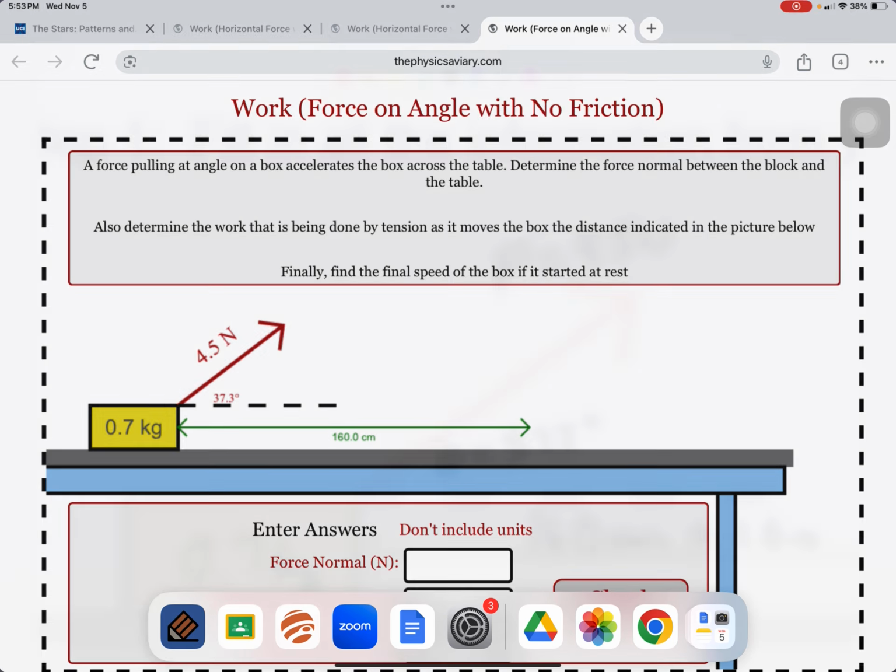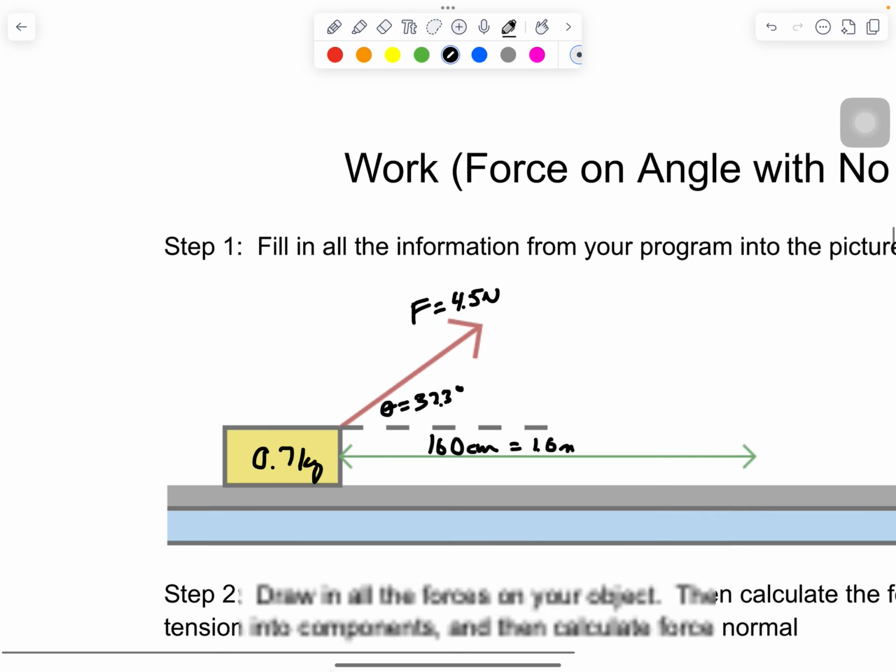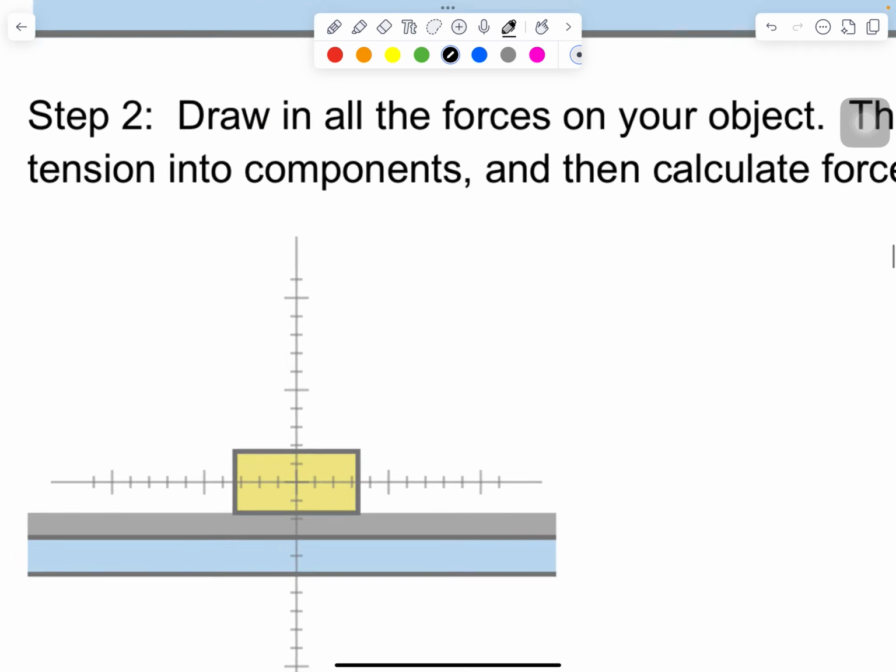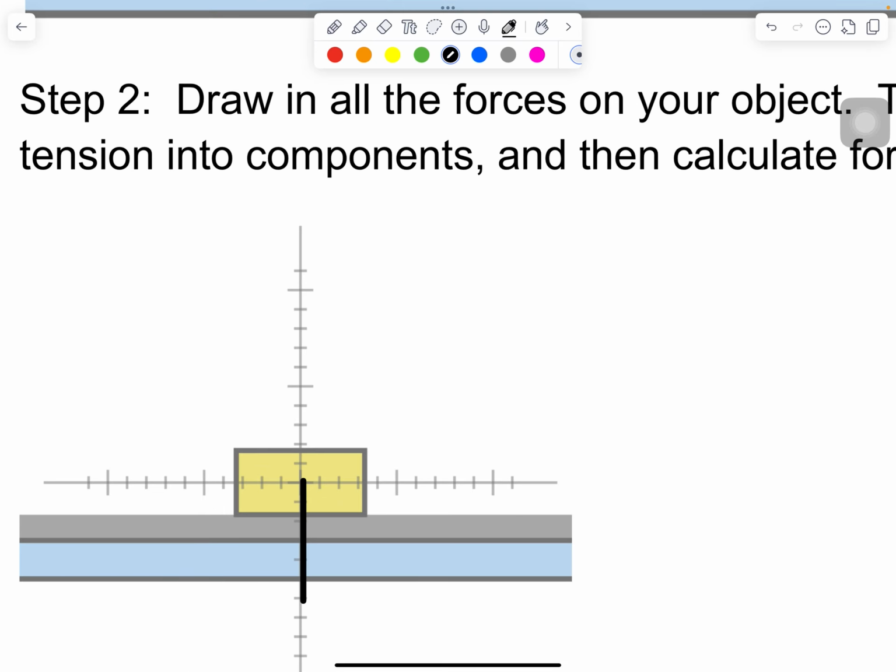Okay, we got the 160. Okay, so I think I have everything. So now, find the forces acting on this. Got the weight.